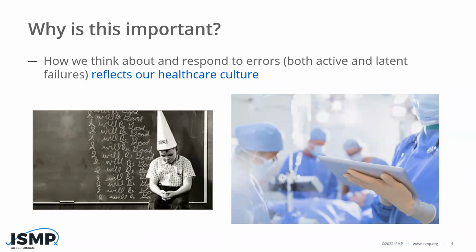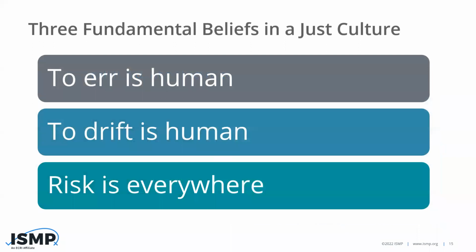So let's move to the next slide, slide 15. There are 3 fundamental beliefs in what we call a just culture. And for everyone listening in, these are things that we all have to understand when we leave. Number 1, to err is human. Everyone makes mistakes on this call. Everyone has misread something, has grabbed the wrong drug, etc., misread something in a paper or on a pharmacy label.